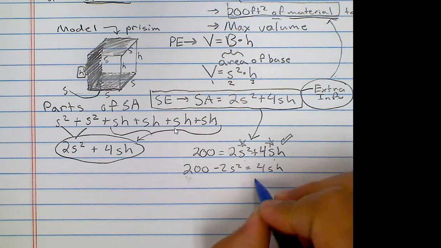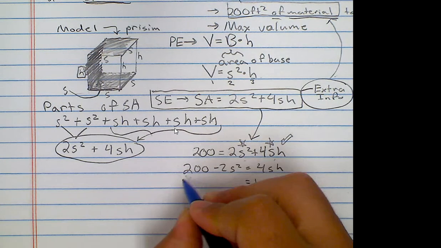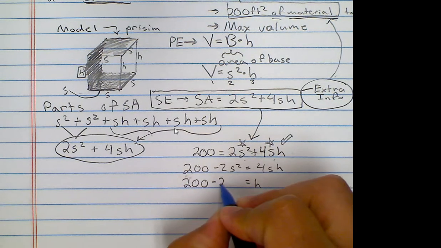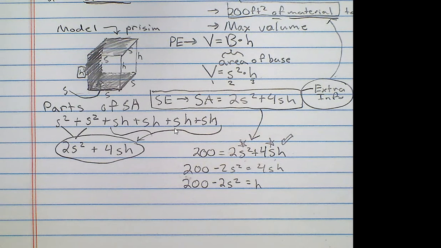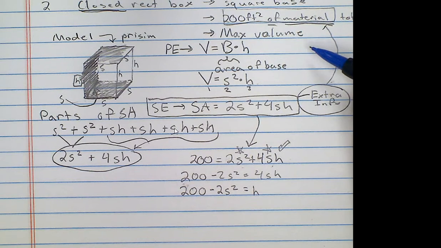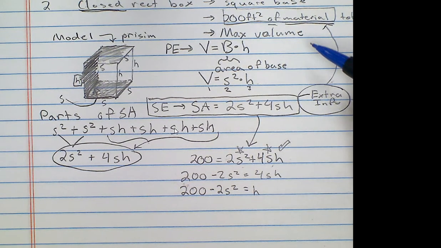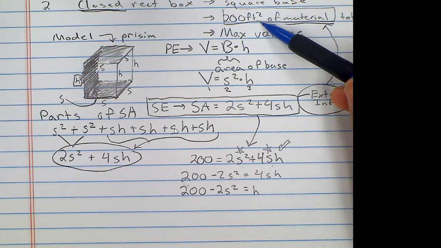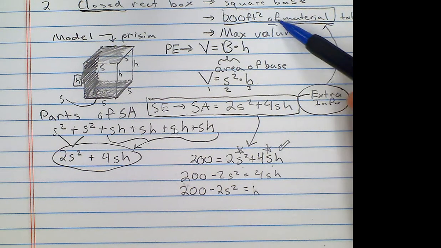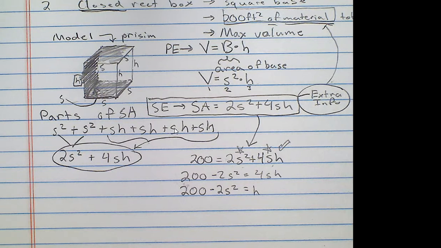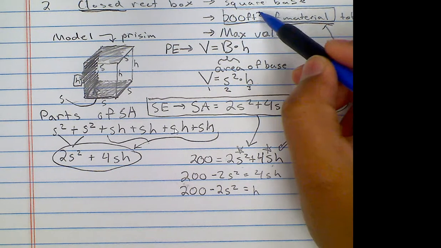Hey, Coach. Yes? Can you explain why it's surface area and not volume? Volume is what we're maximizing. We're not given any information about volume. We're given information about surface area, 200 feet squared of material. That's what you're building the outside with by definition. Feet squared is area.